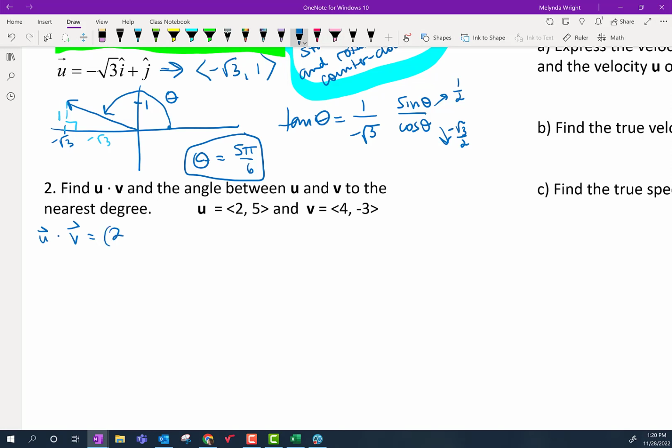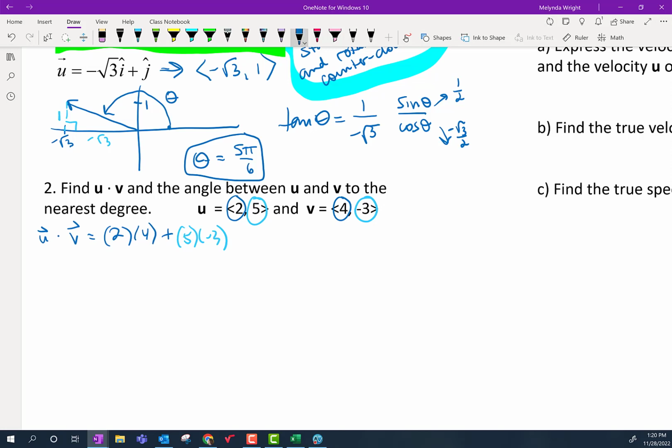So we're going to do 2 times 4, then we're going to match the y's up, 5 times negative 3.